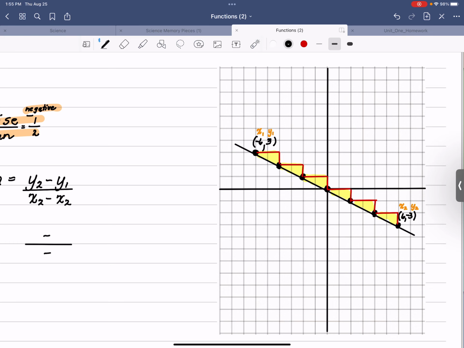So y sub 2 is negative 3 minus y sub 1 is positive 3. Now that's not going to equal 0. Then x sub 2 is 6, and y sub 2 is negative 6. Again, that will not equal 0.